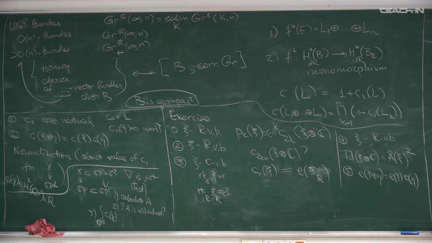These are reals. The problem is that you can take any value of this to obtain a theory of characteristic classes. Why not? Every value of C1 here gives you a theory of characteristic classes. You can, for example, take it equal to 0. Then nothing happens. But nobody wants to deal with trivial things, so you need to check a generator here. There is an algebraic topology approach here. Then you take things with values in integers.